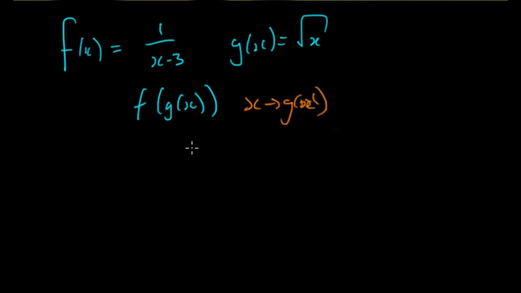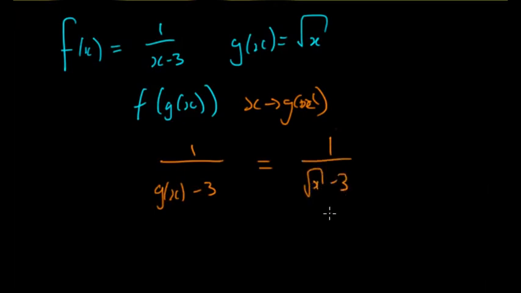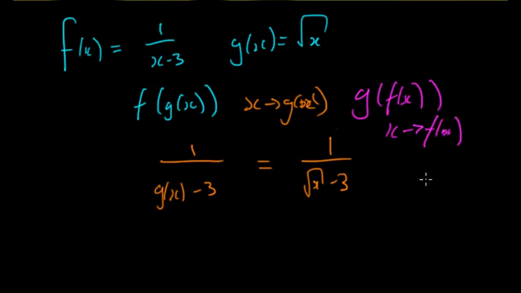So we get 1 over g(x) minus 3, which is equal to 1 over the square root of x minus 3. If it was the other way around, so if we looked at g of f(x), then we replace x with f(x), and that means we would get the square root of 1 over x minus 3. So that's equal to that.